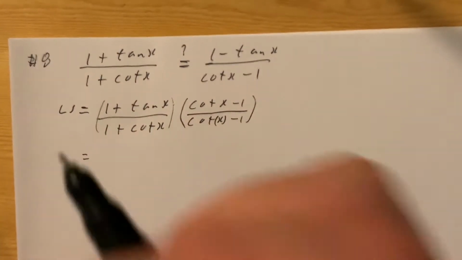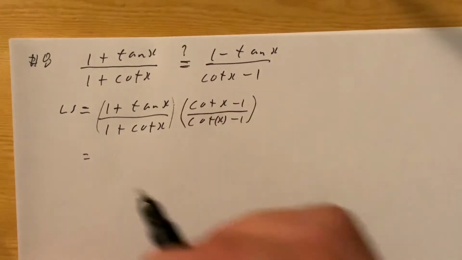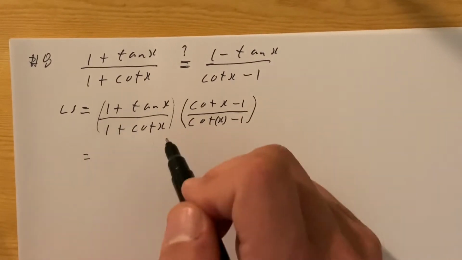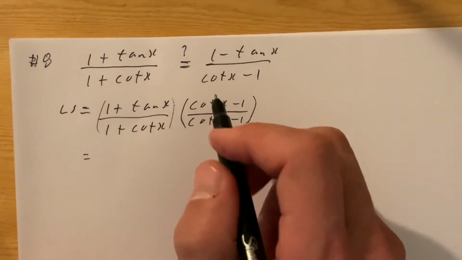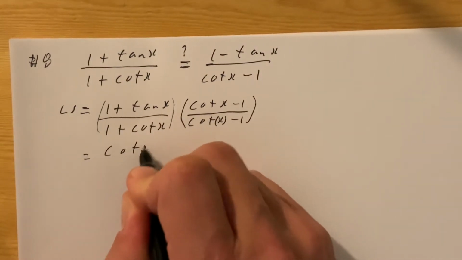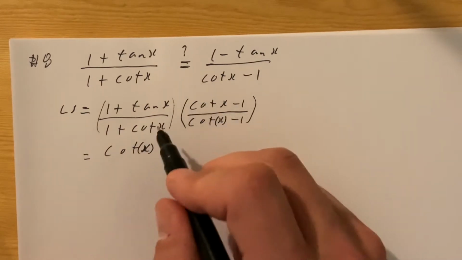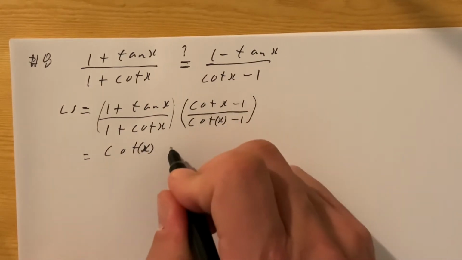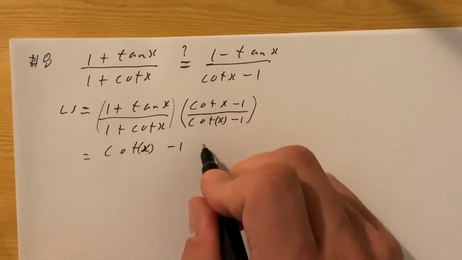So when I multiply that out, I'm just going to leave the bottom and simplify the top. So 1 times cotan x, and then 1 times negative 1 is minus 1. Tan x times cotan x.